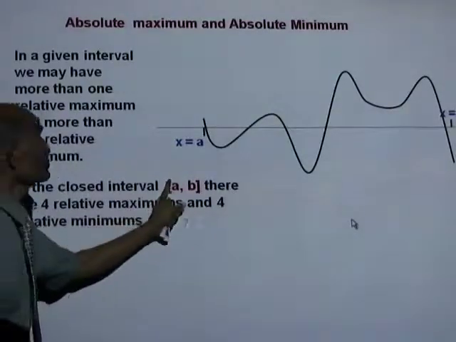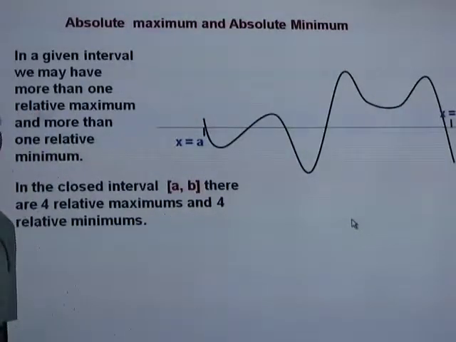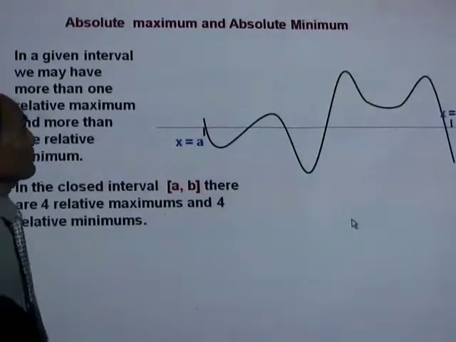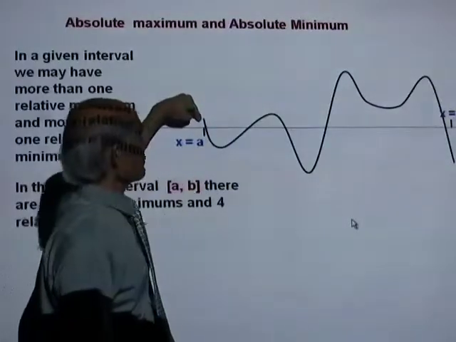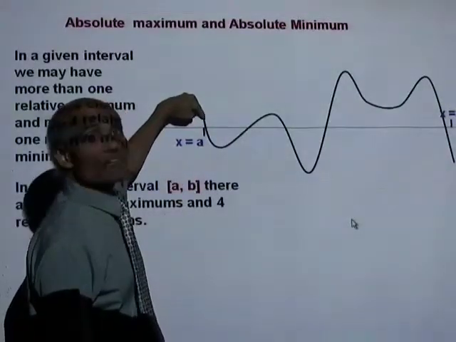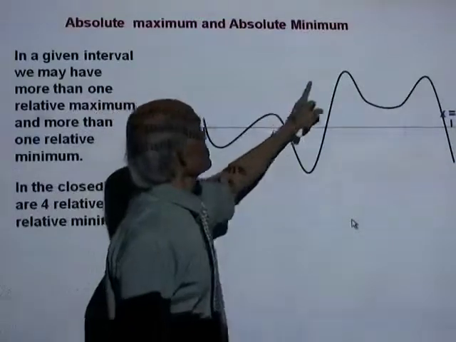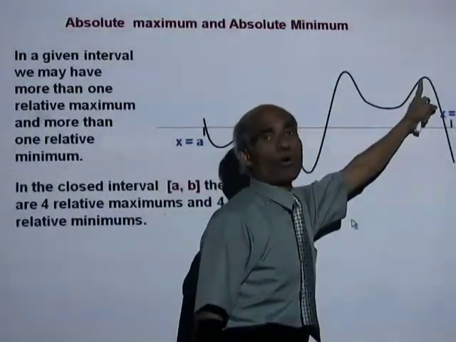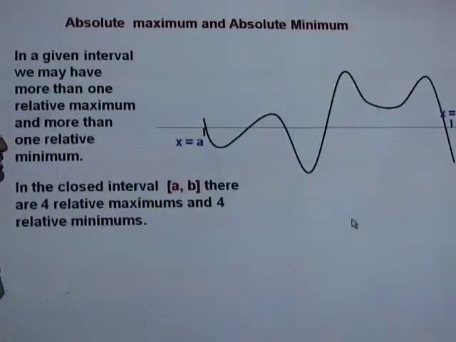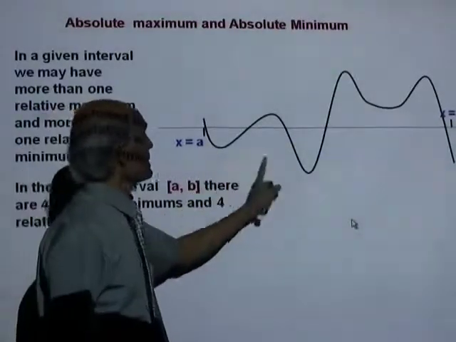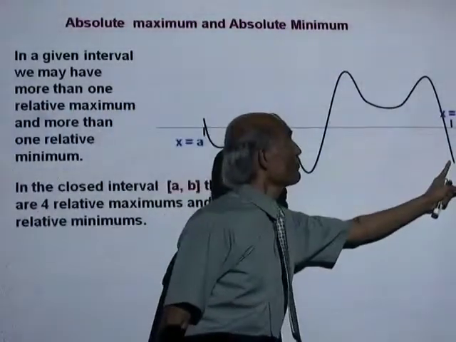So in the closed interval from x equal to a to b, there are 4 relative maximums. That is the maximums, here at x equal to a. 1, 2, 3, 4. There are 4 relative maximum and 4 relative minimum. There's 1, 2, 3, 4.